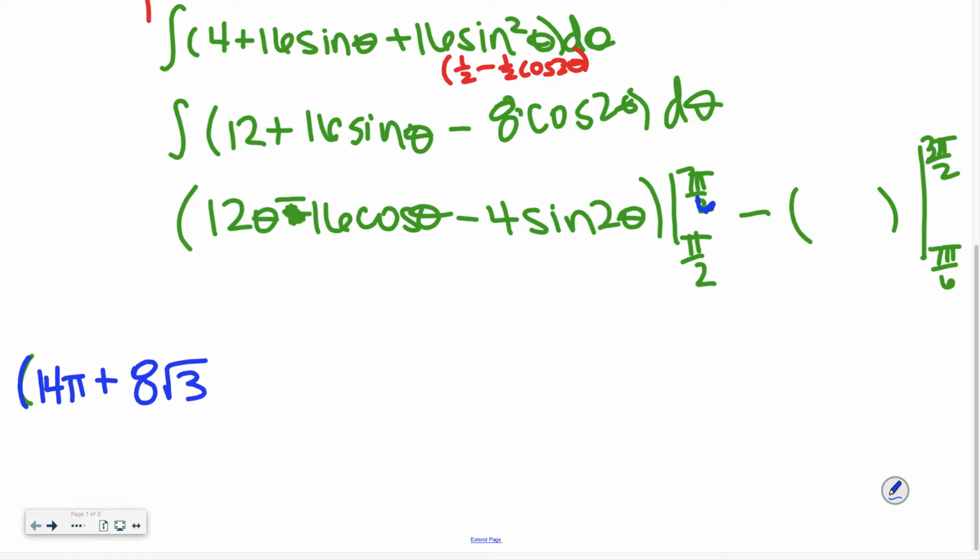Minus 4 sine of 7 pi over 3 is 2 radical 3. 7 pi over 3 is just the same as pi over 3. And then when we plug in pi over 2, 6 pi minus 0 minus 0.